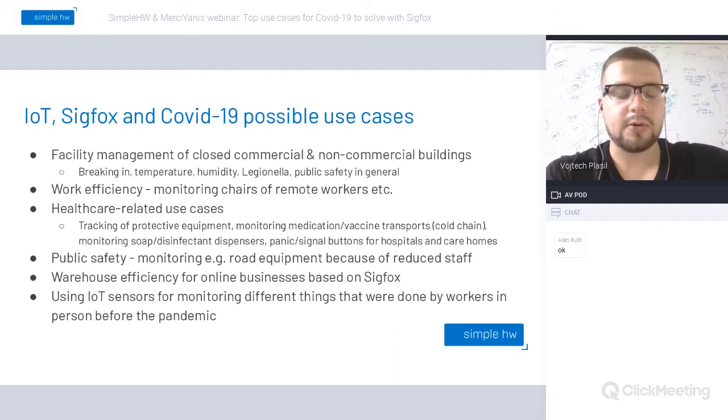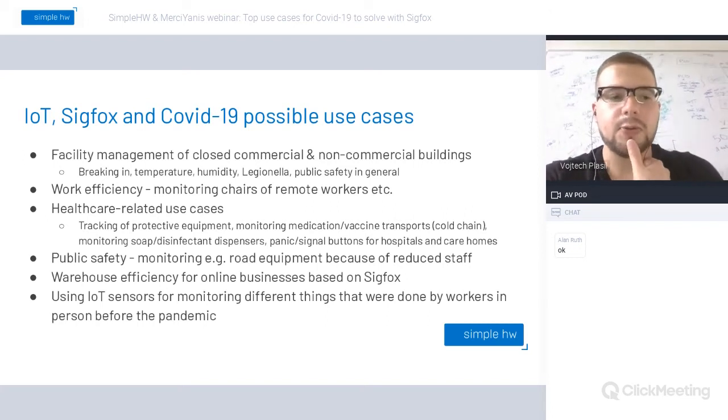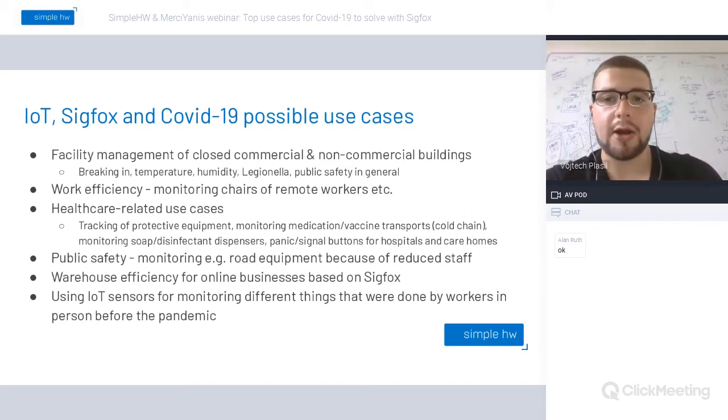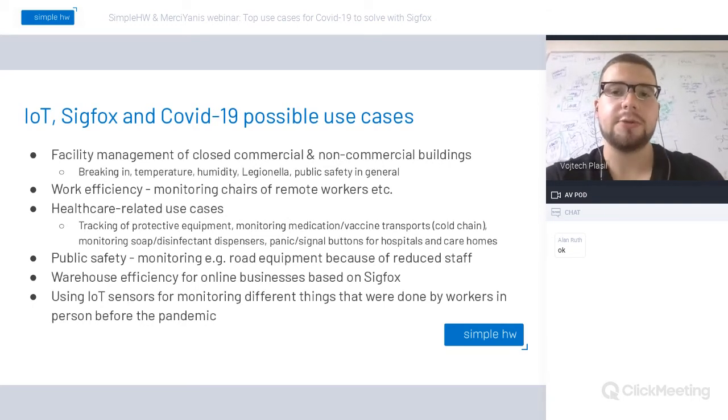I understand, of course, that having the groceries delivered is better than going into the store when you're in the middle of a pandemic. But still, waiting for a week is just not possible for most people. So IoT can also be used to increase warehouse efficiency for companies that provide online services such as grocery shopping.